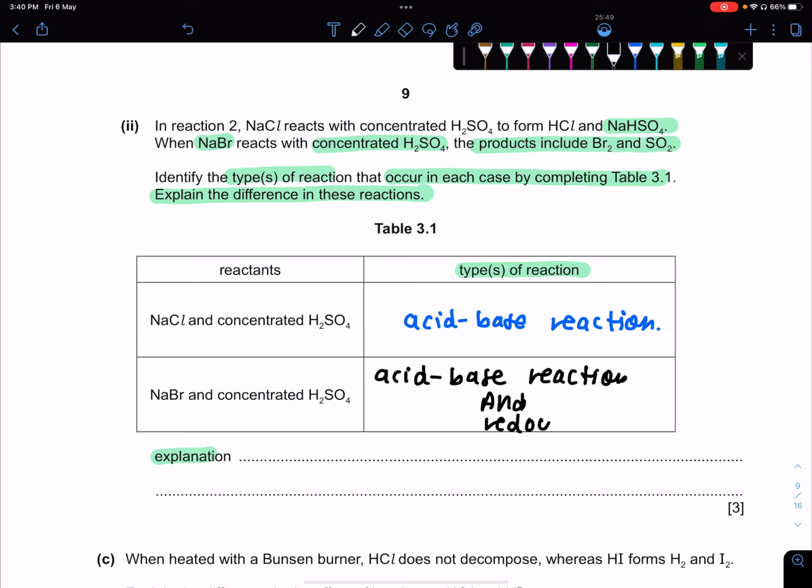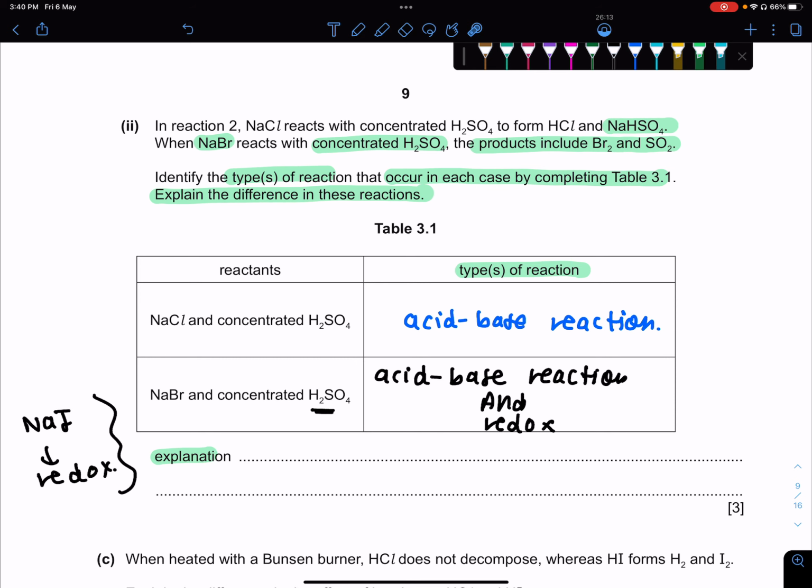For NaI and H2SO4, it is completely redox only. He's not asking us, I'm just telling you. So just see the trend: acid base for NaCl and H2SO4, somewhat acid base and redox for NaBr and H2SO4, completely redox for NaI and H2SO4. So do remember that trend too.